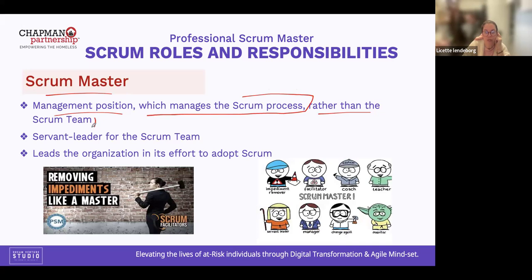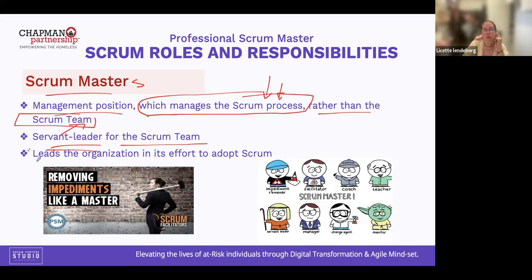So we are not inspecting or managing people. We as Scrum Masters, we are managing what? The Scrum process, but not the team. So we are not the boss, right? That has to be very clear for the exam. So we are servant leaders for the Scrum team.